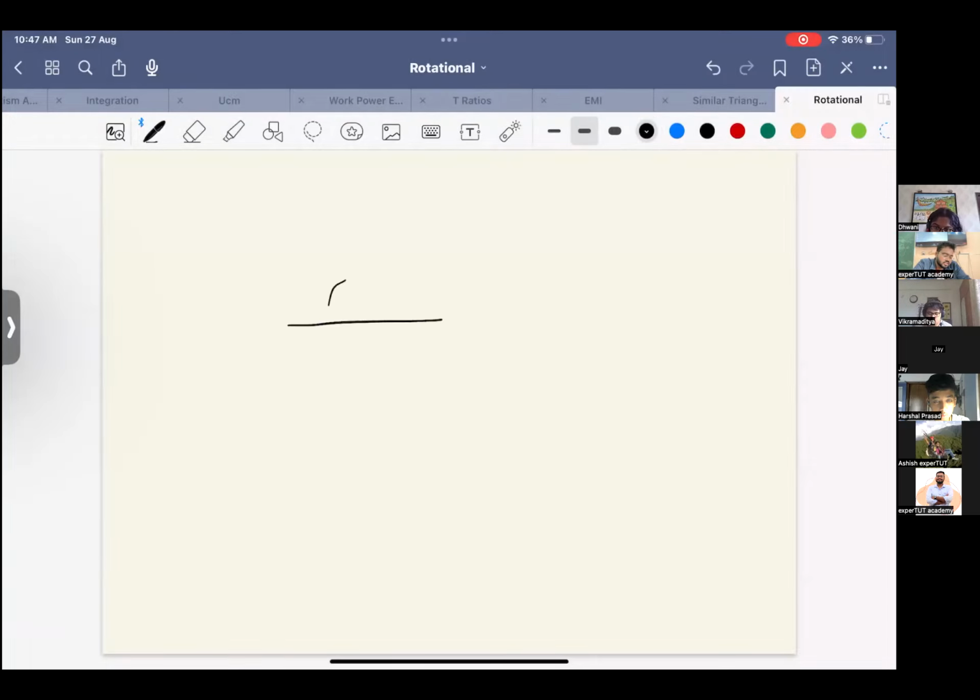So if this is the x-axis, this is the y-axis... no, it got reversed, sorry. This is y, this is z, okay?